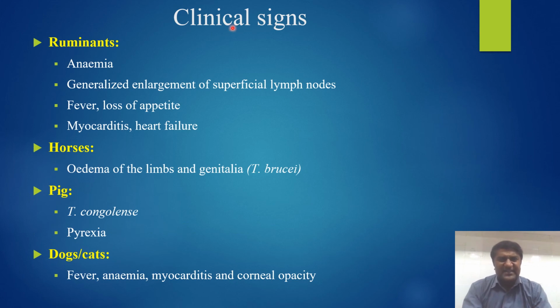The clinical signs in ruminants are anemia, generalized enlargement of superficial lymph nodes, fever, loss of appetite, myocarditis, and heart failure. In horses, edema of the limbs and genitalia, by the species Trypanosoma brucei. In pigs, Trypanosoma congolense and pyrexia. In dogs and cats, fever, anemia, myocarditis, and corneal opacity.